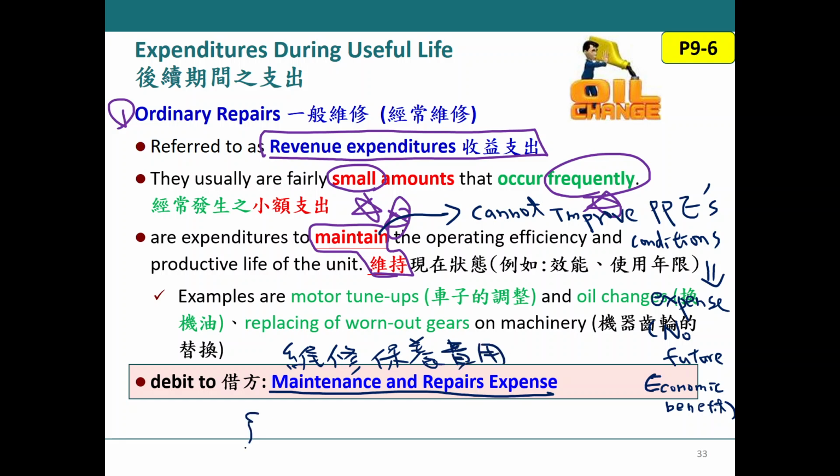Okay, so what's the debit? What's the credit? Debit, maintenance and repairs expense. Credit, cash, if I paid the cash already.